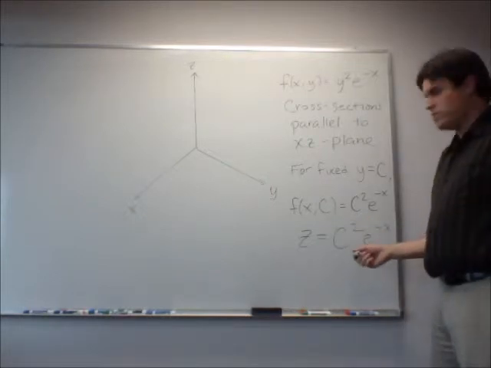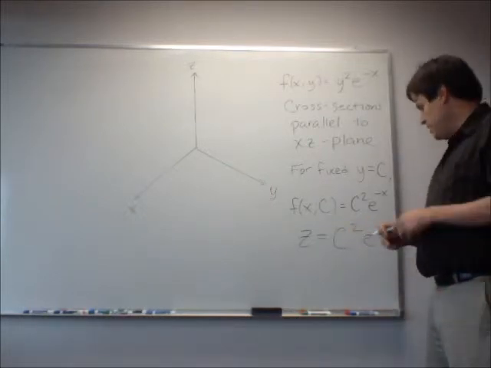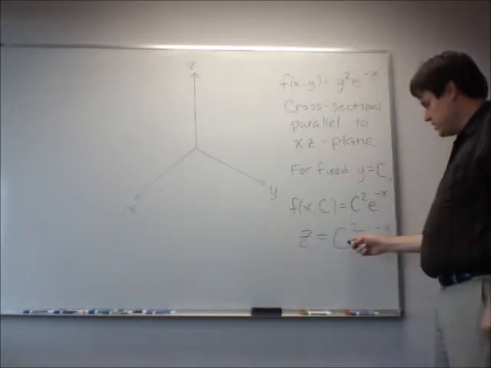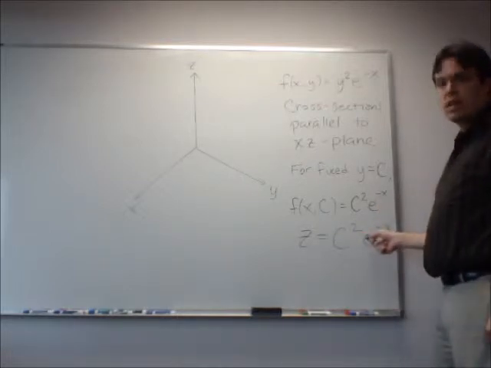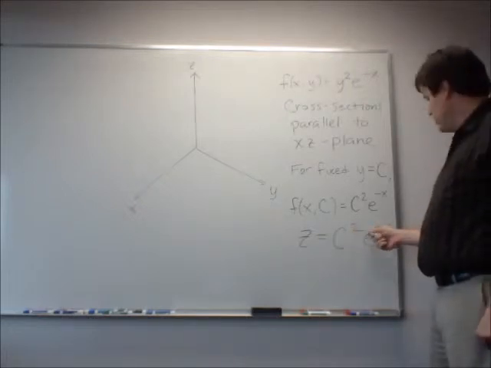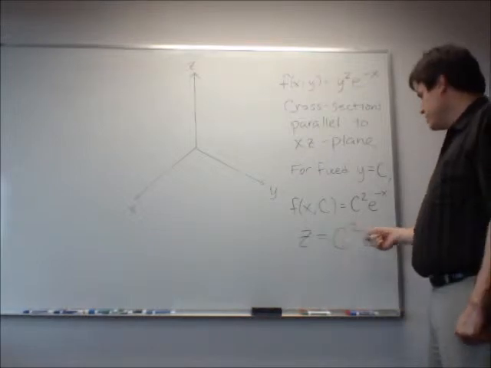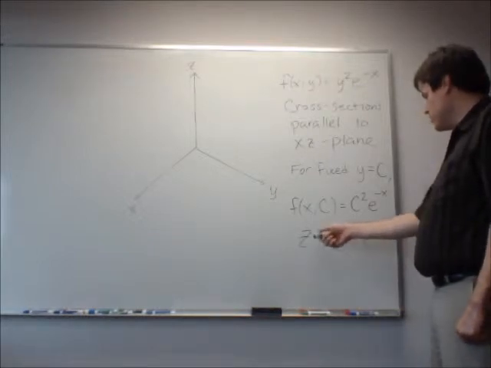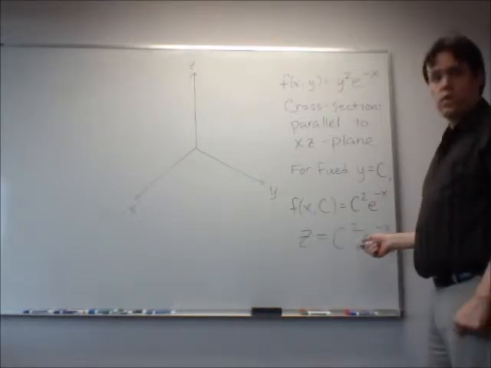Now, the key thing to notice here is that c is a constant, and what I have here is a decaying exponential as x increases. If c is very large, that exponential is going to start at a large value. If c is 0, this thing's actually going to be completely flat. If c is 0, then z equals 0 whenever y is equal to 0.